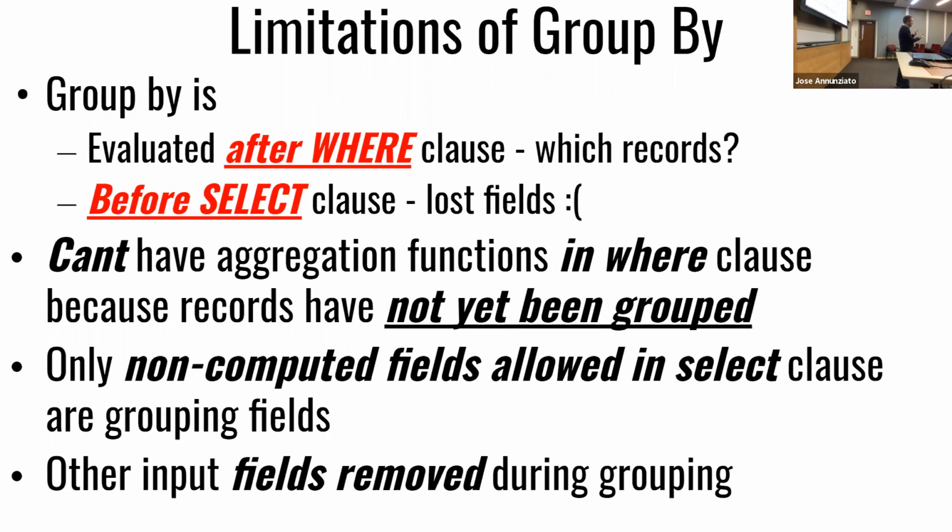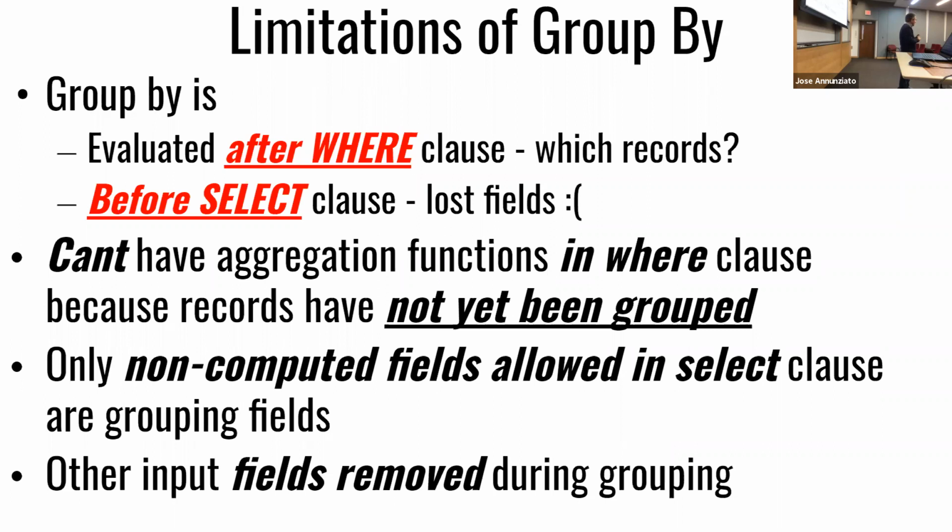Because it happens in that order, that first the where clause runs and then the grouping happens, you can't have grouping or any aggregation in the where clause. The where clause cannot have any groups.